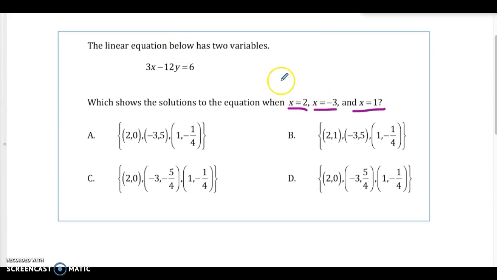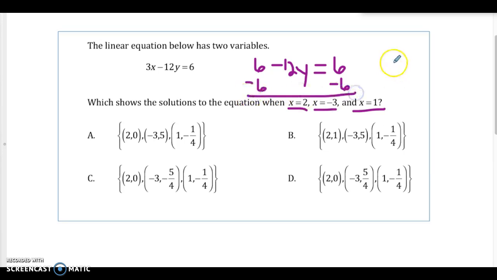So my first task here, I plug in 2 for the X. That gives me 6 minus 12y equals 6. So as I start to solve this equation for y now, okay, I end up getting y must be 0 when x is 2.